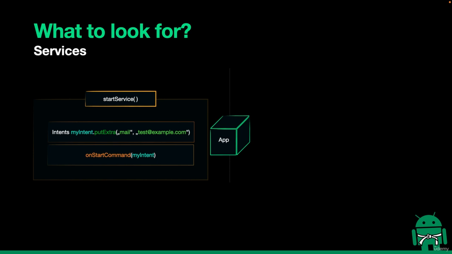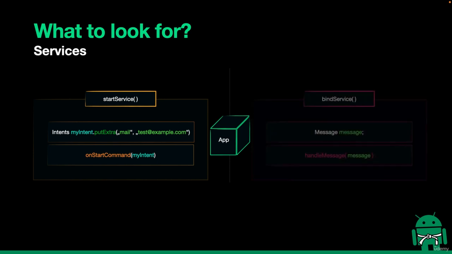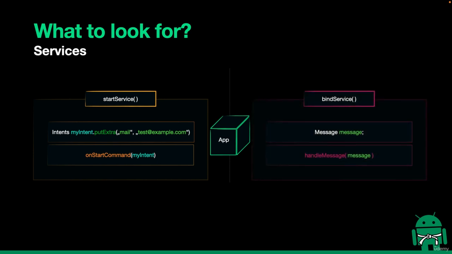Alrighty? Okay. Regarding bound services, it's a little bit more tricky because there we are having a different object. We are having a message object and we have to figure out what is happening with this message object. But I mean, the approach is pretty identical. On the left, we are dealing with intents, and on the right, we are dealing with a message object.